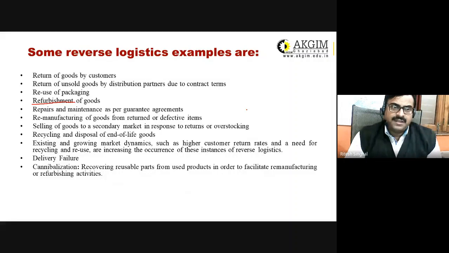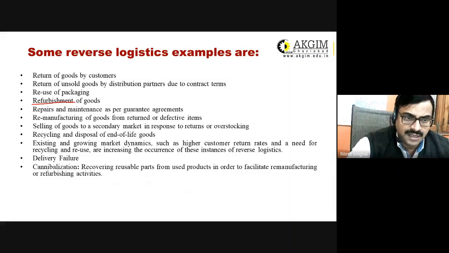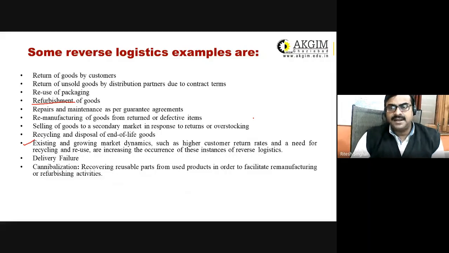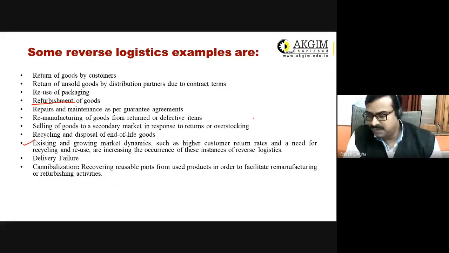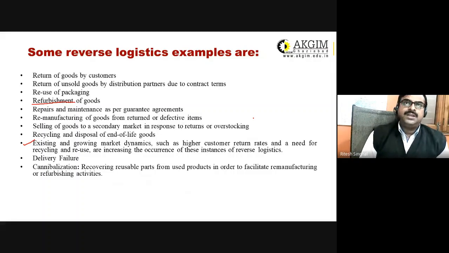So end of life. Existing and growing market dynamics such as higher customer return rates and a need for recycling and reuse are increasing the occurrence of these instances of reverse logistics. Because see, one example is that you and me, we usually change our cars very frequently, change our mobile phone, and get it with some exchange offer by the manufacturer.